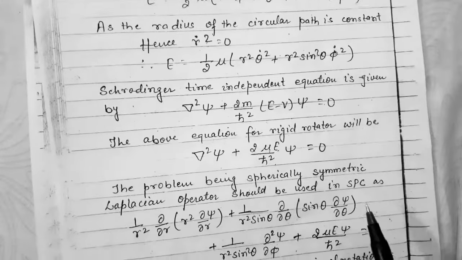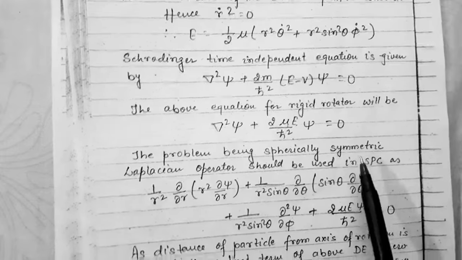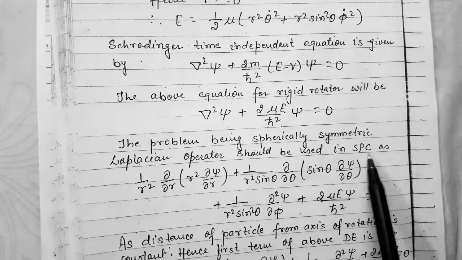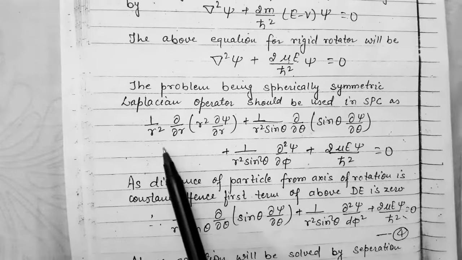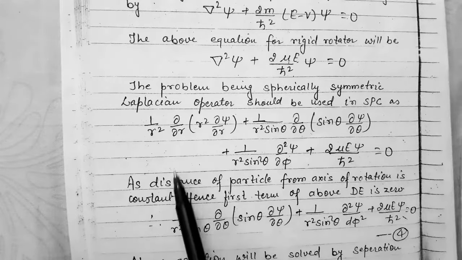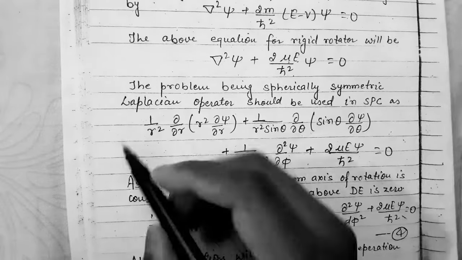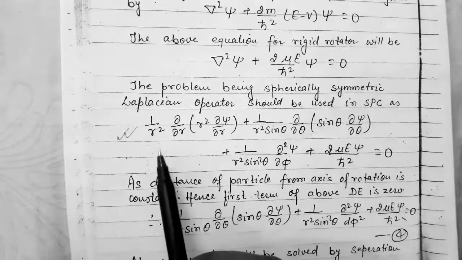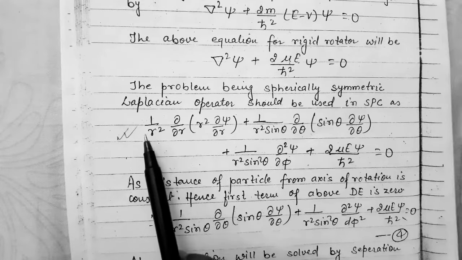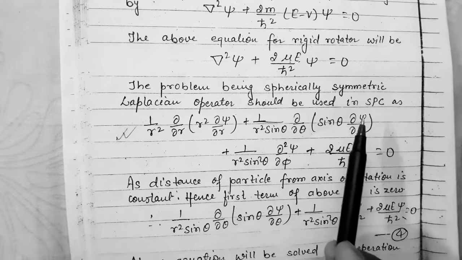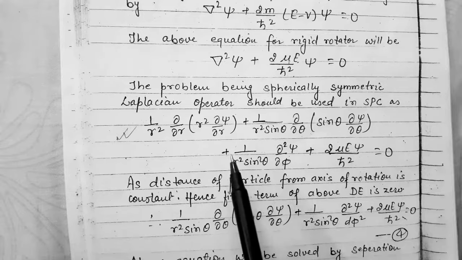For the Laplacian operator, we can define the Schrodinger wave equation in spherical polar coordinates, and it will be written like this. This is the expression of the Schrodinger wave equation in spherical polar coordinates, and this equation has to be remembered, because this is the only way to further solve the problem in spherical polar coordinates in order to find the energy eigenvalue of the rigid rotator.